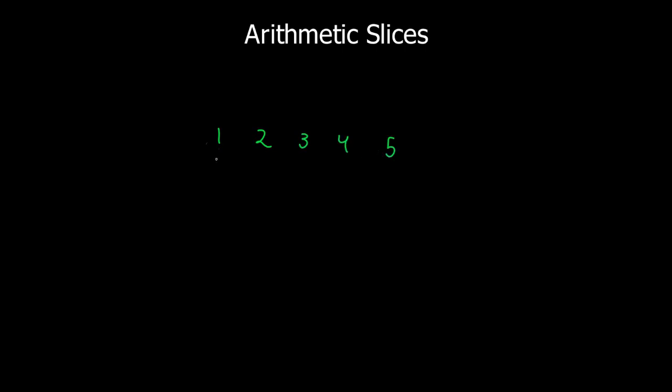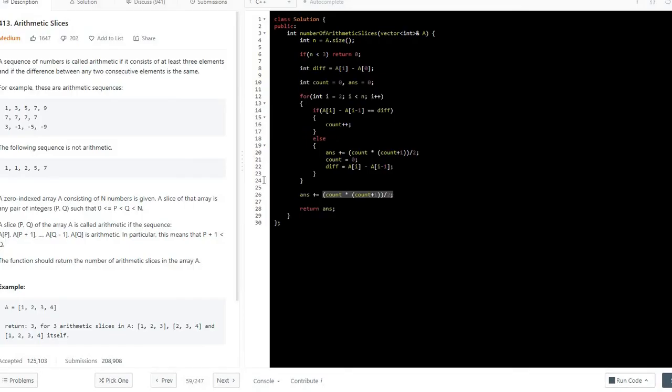In this case I'll move forward one by one, and then when finally I am here, the difference between these two elements is 1, which is also the difference between the first two elements, and therefore I will actually never encounter the else part of the conditional statement, because the difference is always going to be equal to the taken difference. And this is precisely the reason why, even if I am out of this loop, even if I have passed all the elements, the current count needs to be used to increase the value of answer, and then finally I am returning that answer.